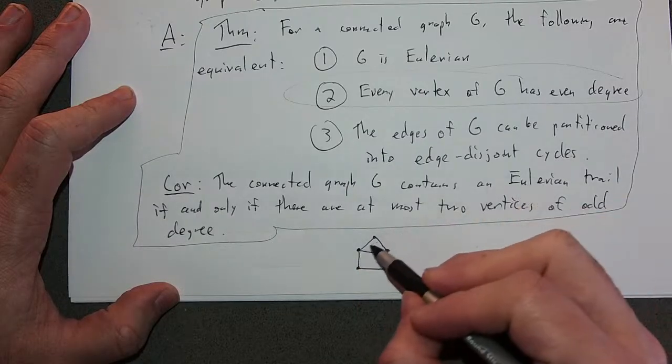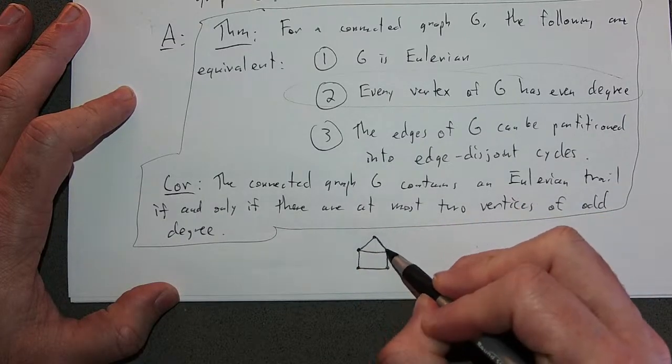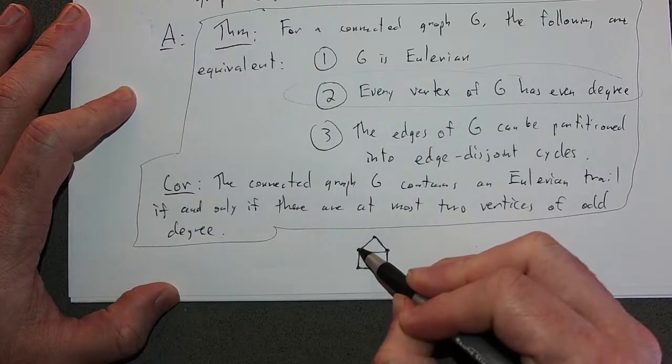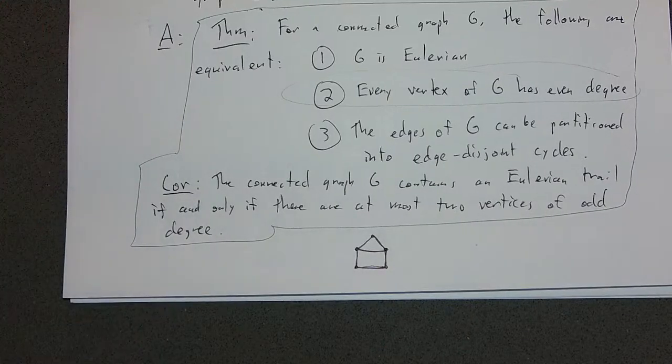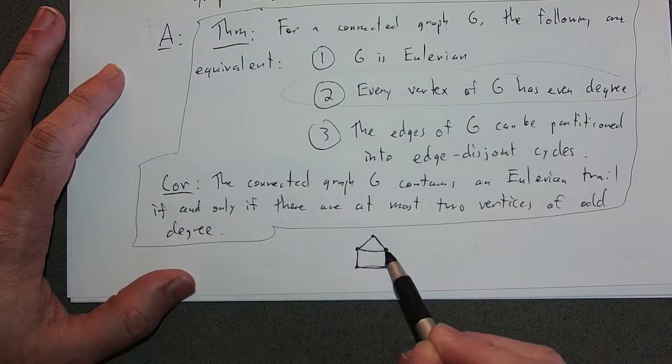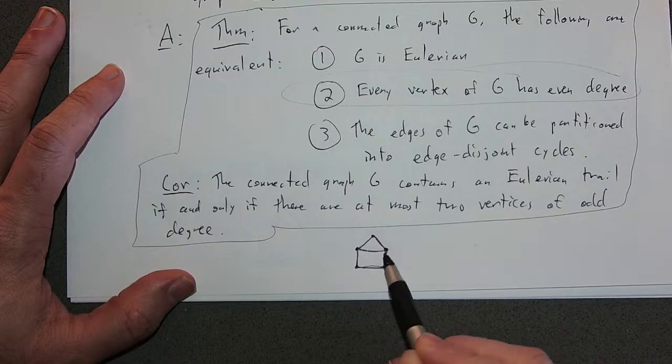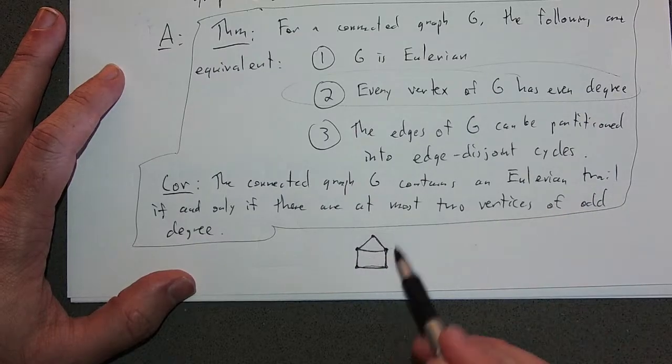To see the Eulerian trail, we can go around the house and then here. That is a trail. It does not repeat an edge even once. It is not a circuit because it ends at a different vertex than it began, and it hits every edge in the graph. So this is an Eulerian trail.